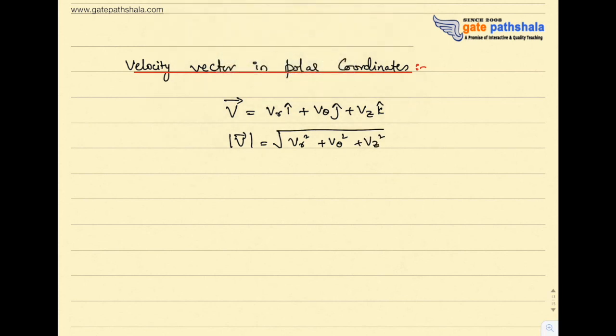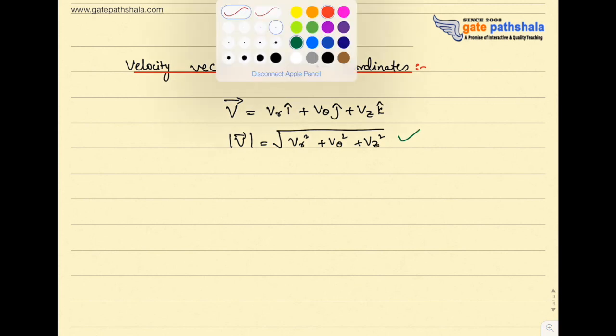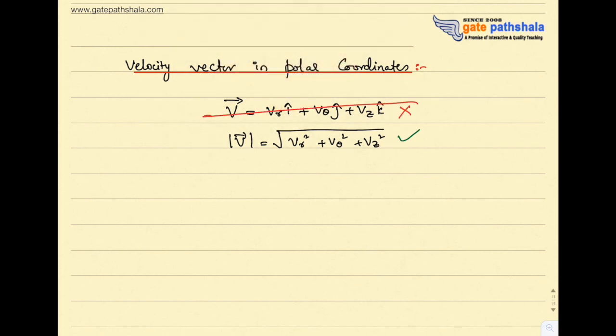So this looks correct, but is absolutely wrong. Because if we look at the basic vectors, i cap, j cap, k cap are the unit vectors in x, y and z direction. How can you use them for radial, tangential and the axial directions? Which will make it very wrong.